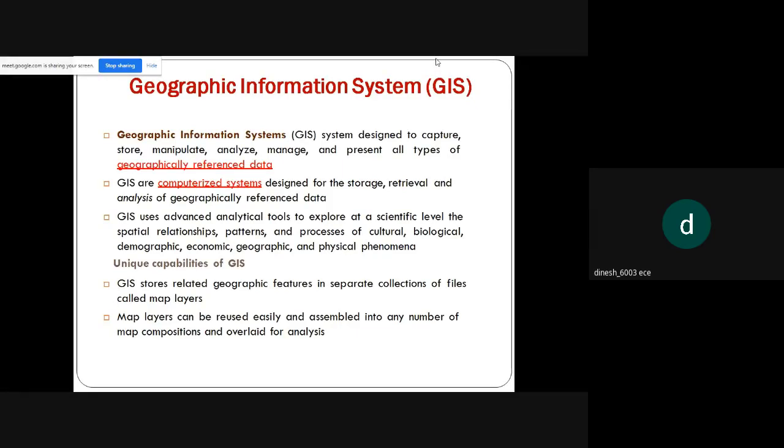So these are computerized systems designed for storing, retrieval and analysis of geographic information.